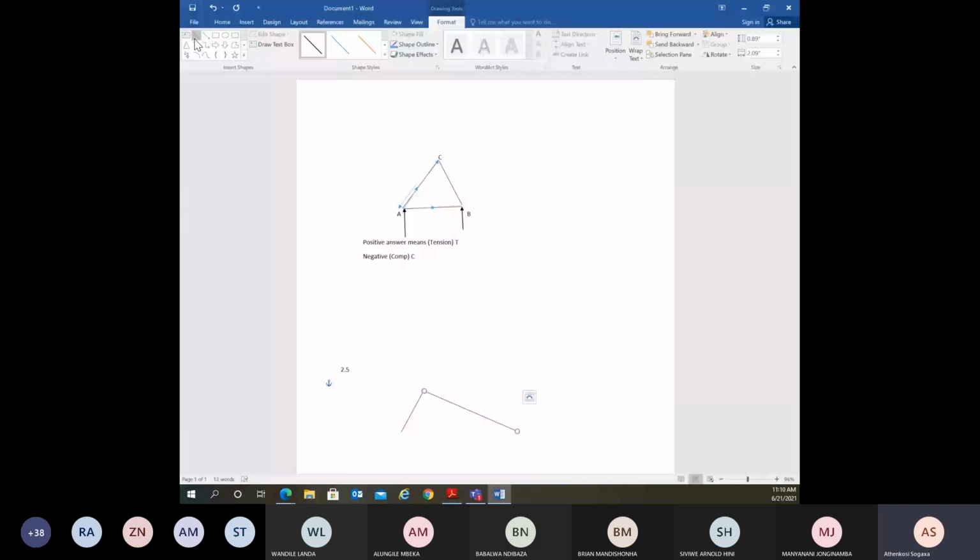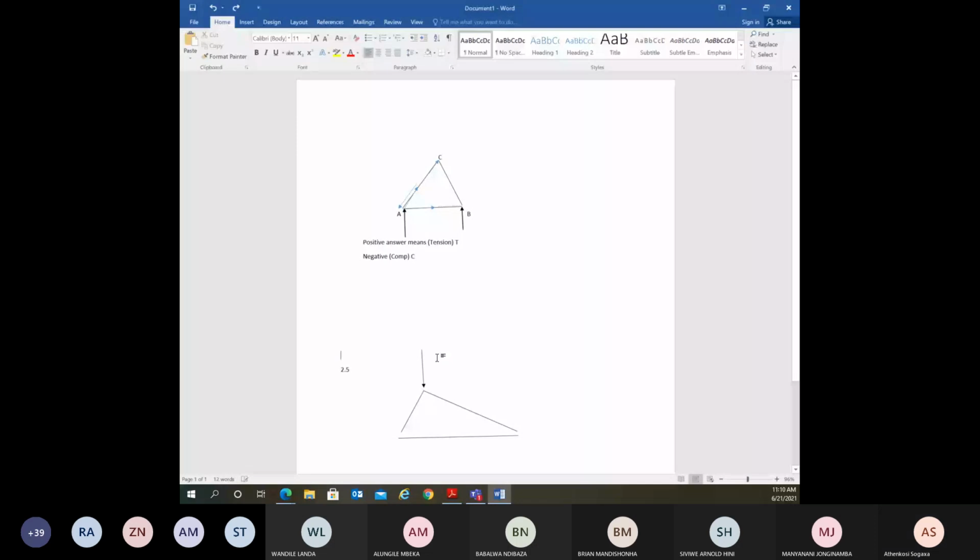So it's a truss, and there is a point load down. That is an external force, which is 200 kilonewtons.